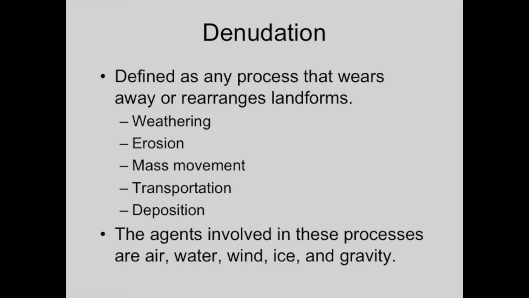The agents involved in these processes are as follows. We have air, we have water, we have wind, we have ice, and then we have the probably most important source of energy, even though there is an additional source that we'll talk about, but right now we'll look at another agent known as gravity. The interaction between the structural elements of the lithosphere or any landscape within it and these agents of change is very, very complex.